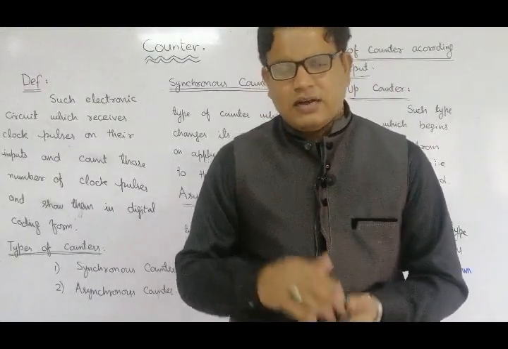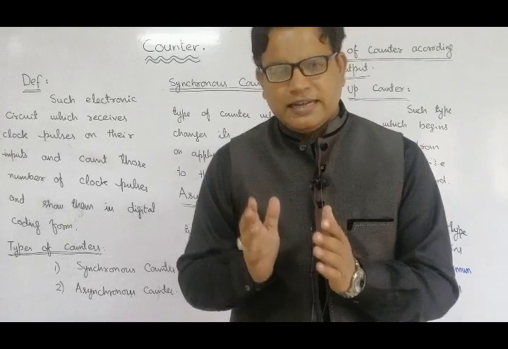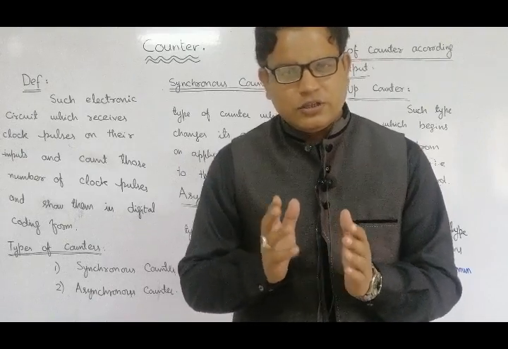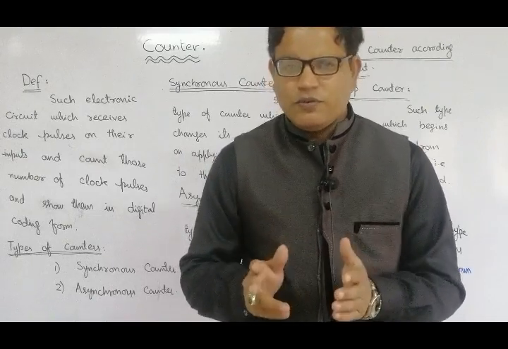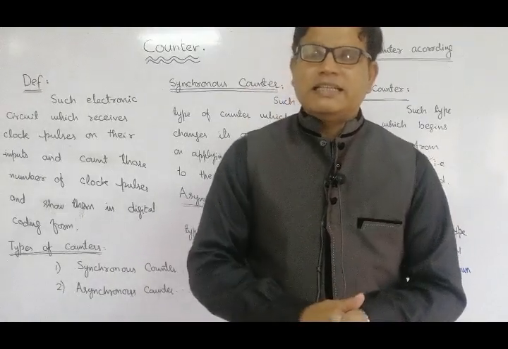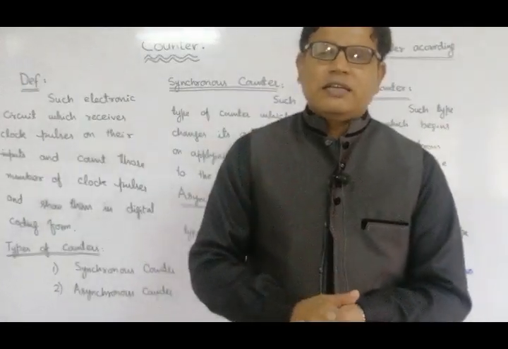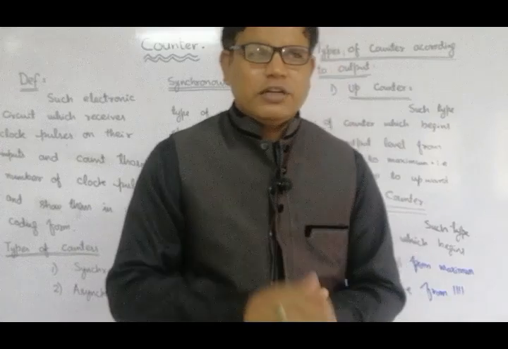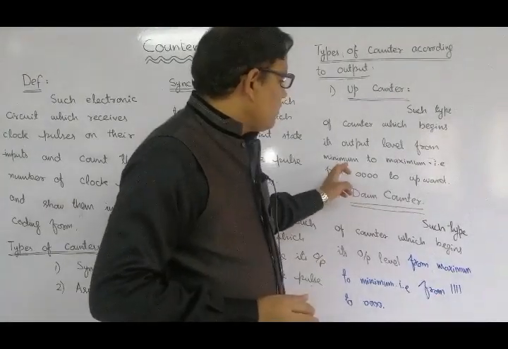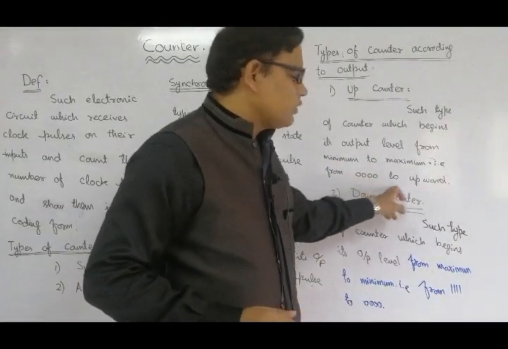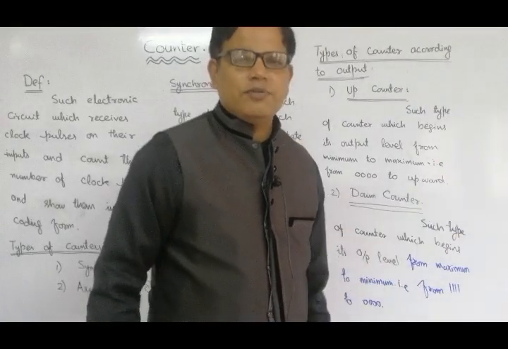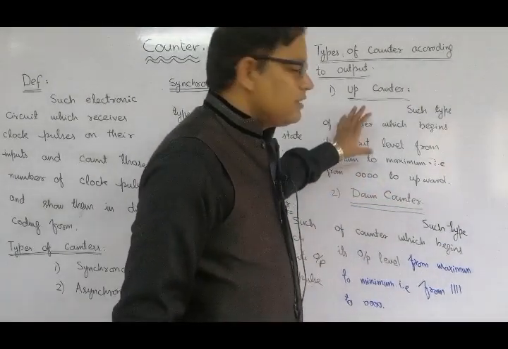After 000, the next state is 001, then 010, then 011, and so on up to 111. So these are the up counters.